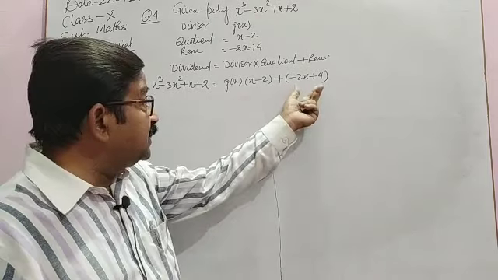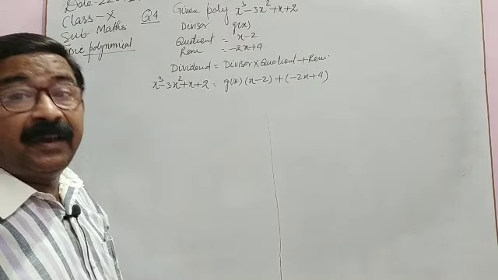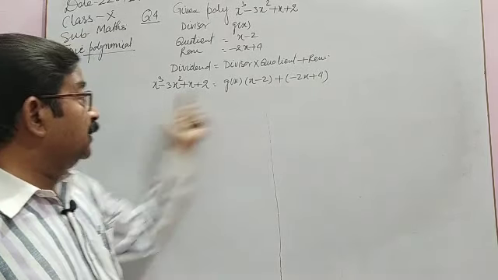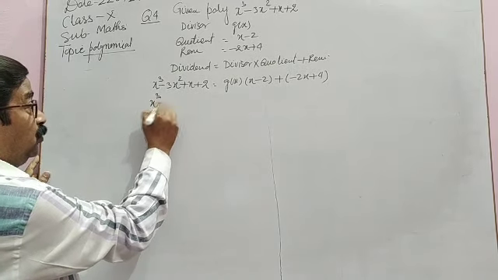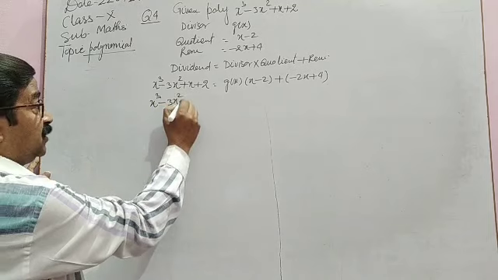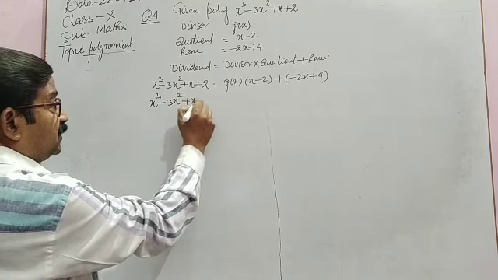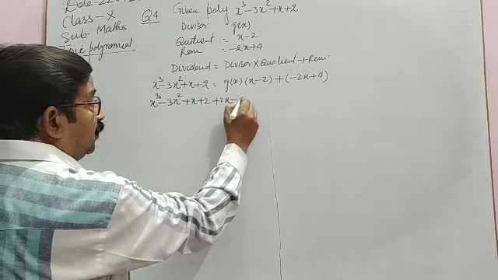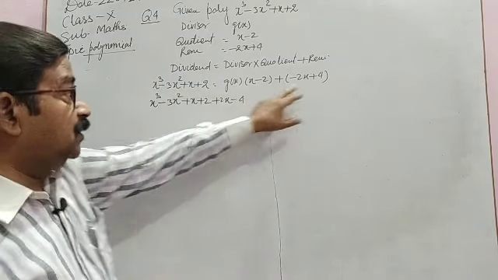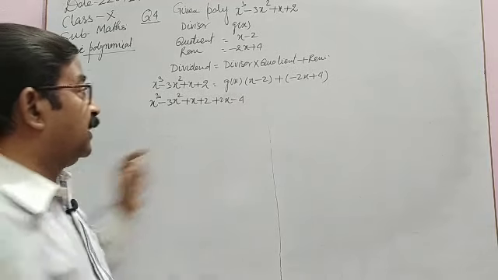First, bring this remainder this side. So what will happen? x cube minus 3x square plus x plus 2 plus 2x minus 4. This becomes plus 2x and this is minus 4.